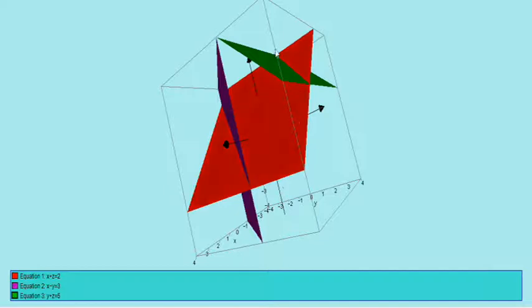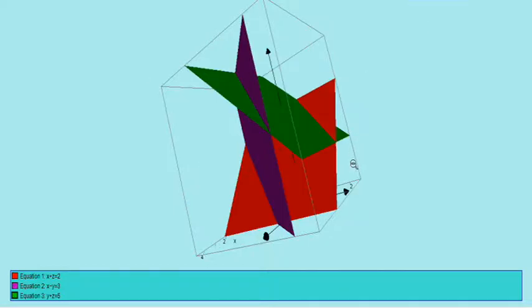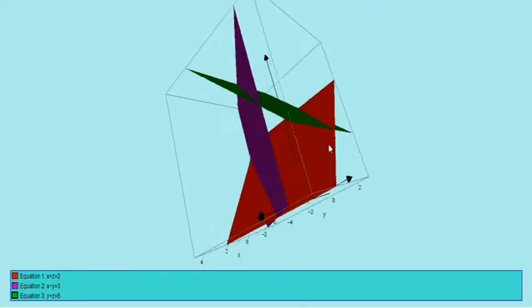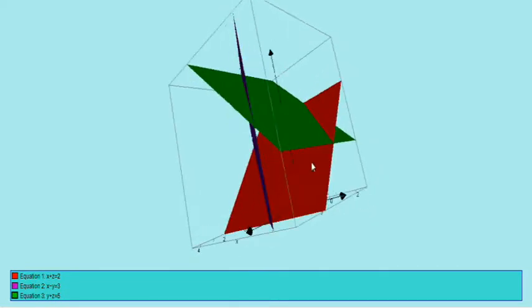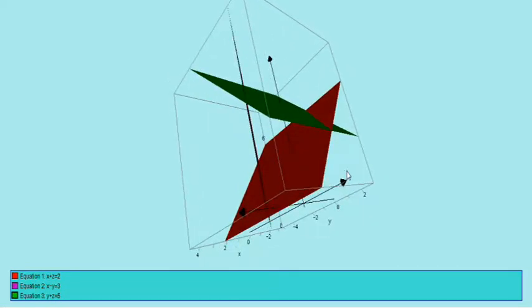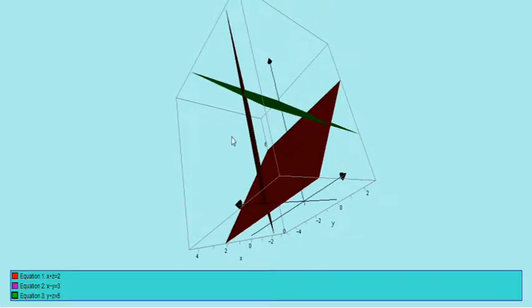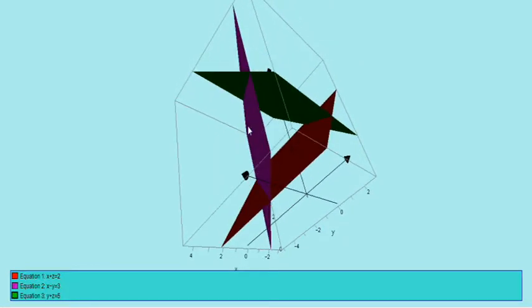Now we can see these two planes meet at a line and these two planes meet at a line, and we'd assume that these two here would eventually meet at a line up here. And let's just change the view. Alright, now we can see all three planes are interacting with each other in pairs, but at no point do all three planes meet at any common points.